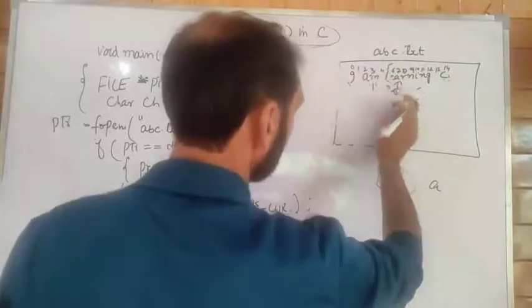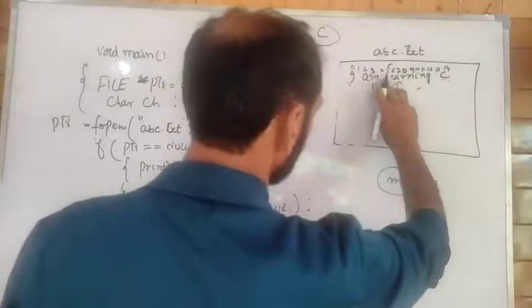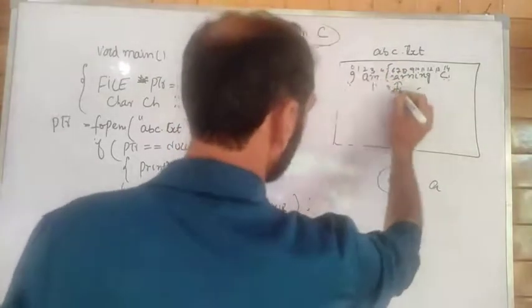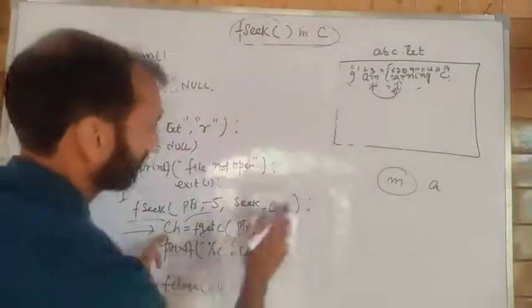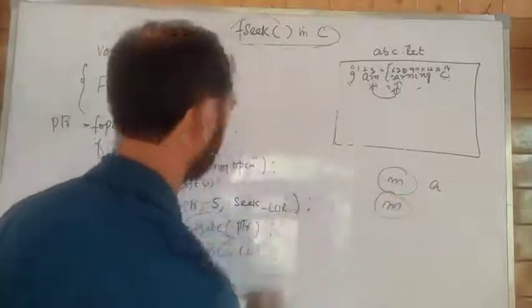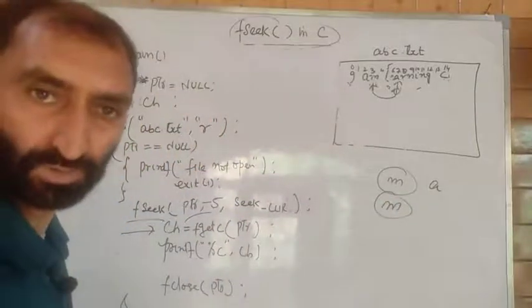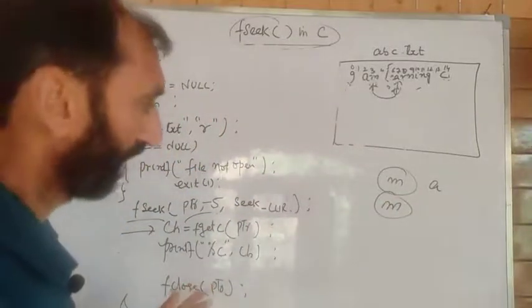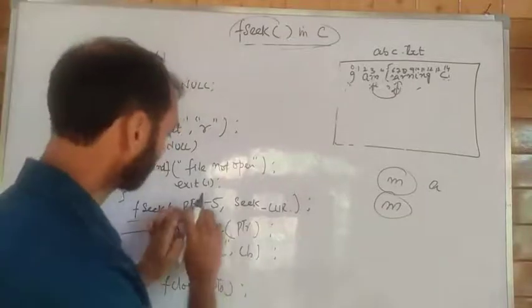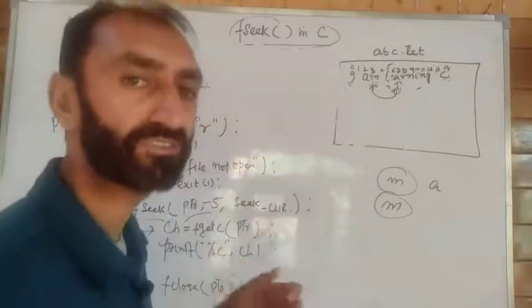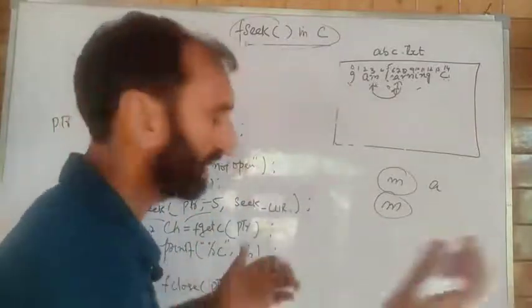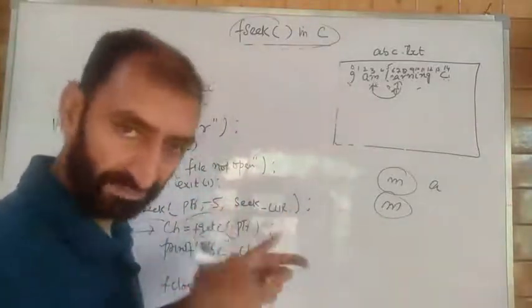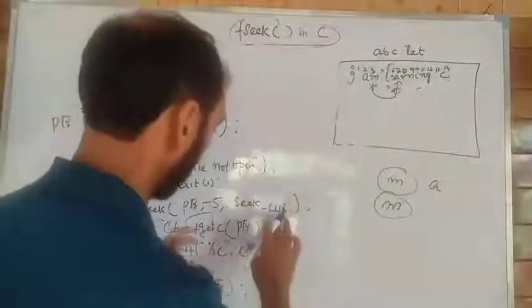That means here. The cursor will move 5 places, so M will get printed again. I hope now you have understood what -5 and +5 do. If we show the offset as plus, it will move the cursor forwards. If we show it as minus, it will move the cursor backwards from the current position.